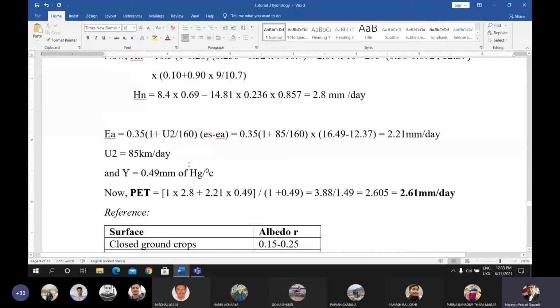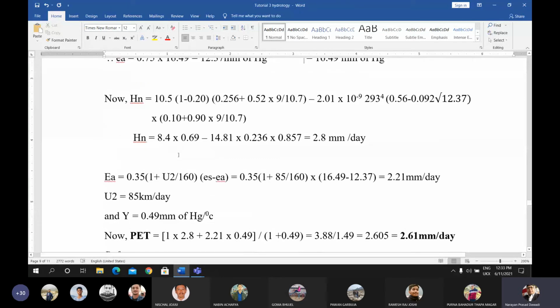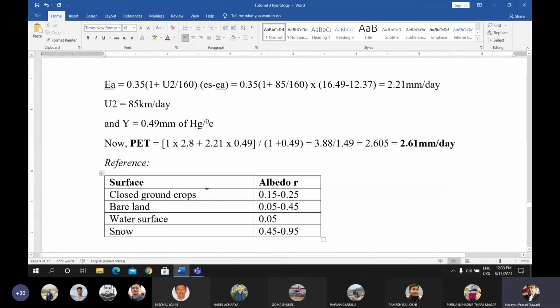Now knowing all the variables EA, gamma, Hn and capital A, that is the slope of the saturation vapor pressure versus temperature curve, you can find the potential evapotranspiration by using the equation A Hn plus EA into gamma divided by A plus gamma.